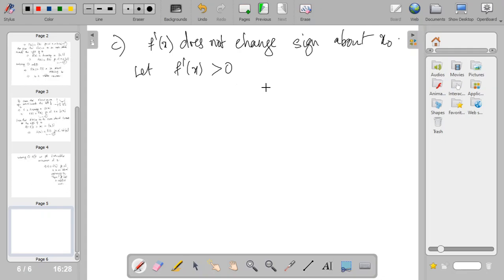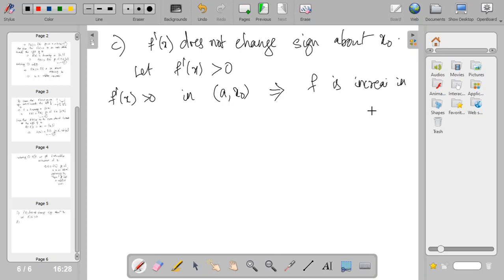We will show that it is neither a local maximum nor a local minimum. So f dash of x greater than 0 in the open interval a to x naught implies f is increasing in a to x naught.